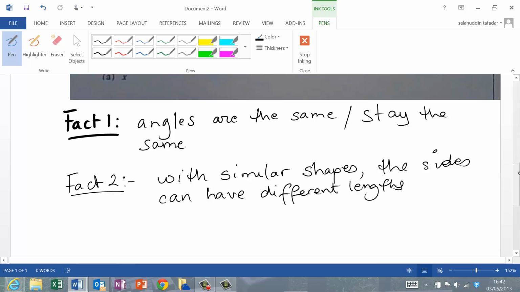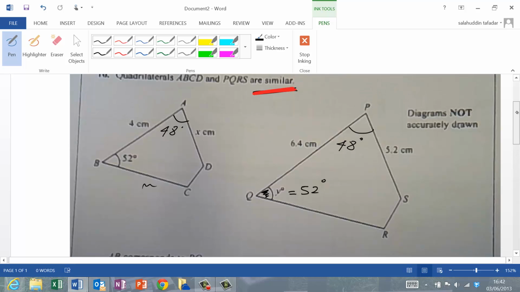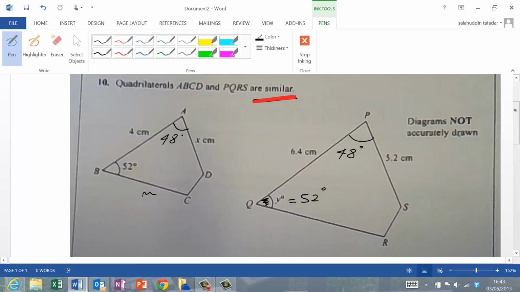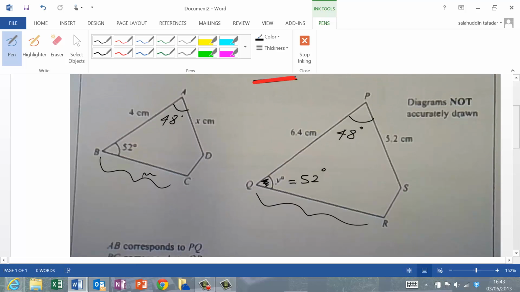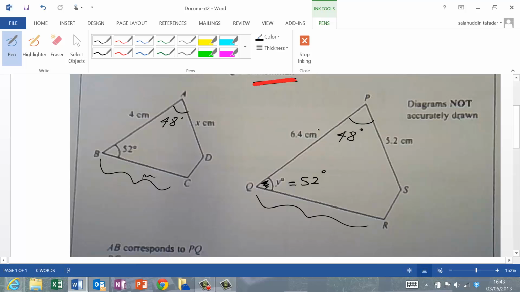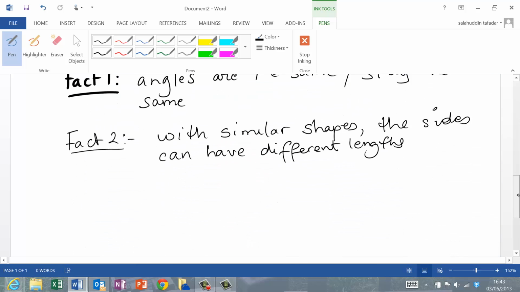What does that mean? The word similar means that it should be the same, but if you look at this length here and this corresponding length here, you can see that they're different. With similar shapes, it's not a problem that they're different lengths. The only thing that matters is that the angles are the same, not the length. So don't get confused.